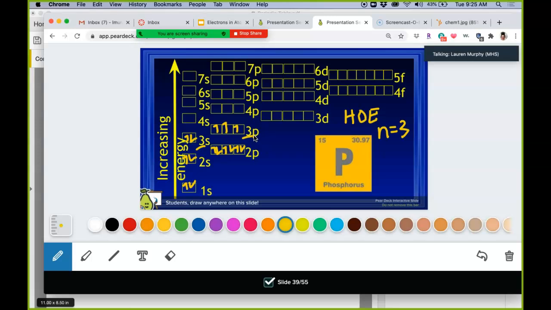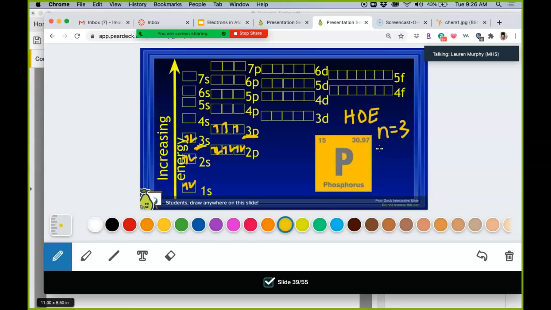This third row would be like your third ring. Yes, they're separate orbitals because p orbitals are slightly higher in energy, but if I were to draw my third ring, this is my third ring and this is also on my third ring. Your highest occupied energy level is N, which means energy level, or rho, if you want to go for that, is 3.